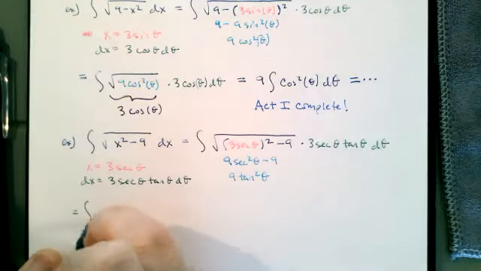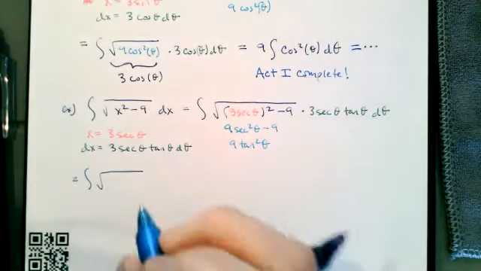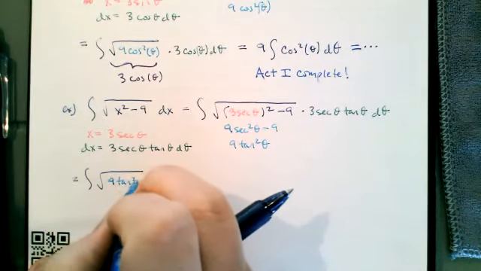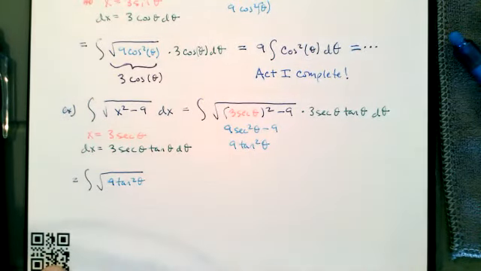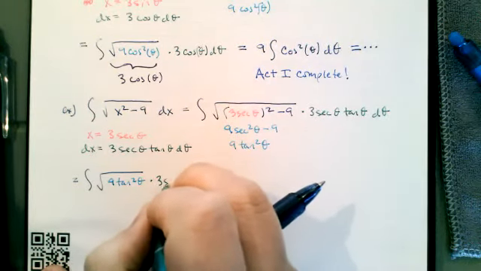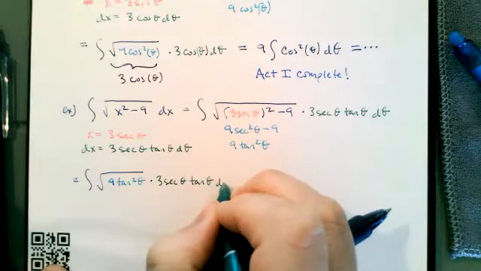So now our integral is the square root of 9 tangent squared theta times 3 secant theta tangent theta d theta.